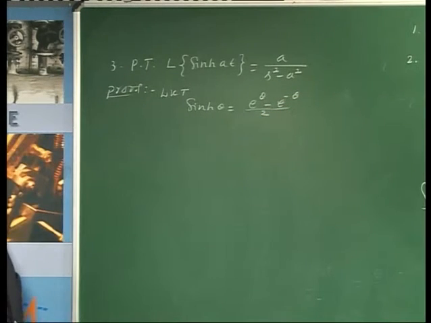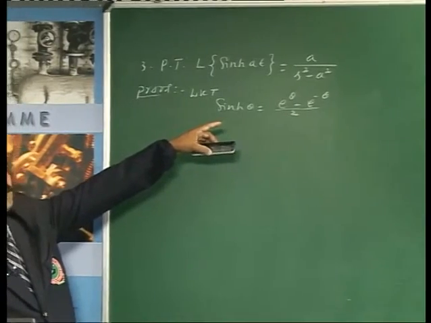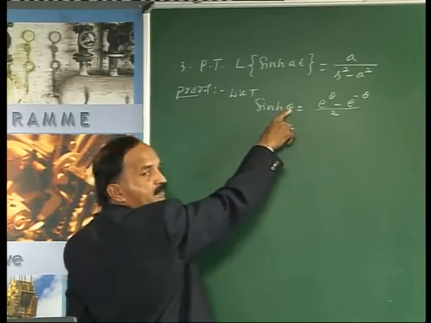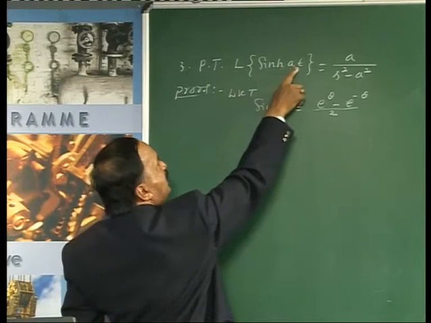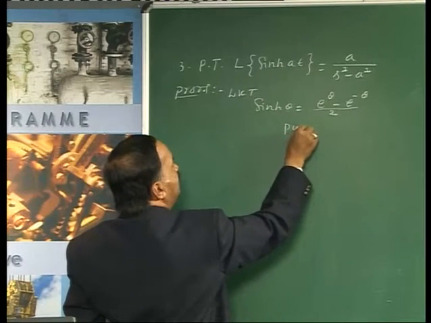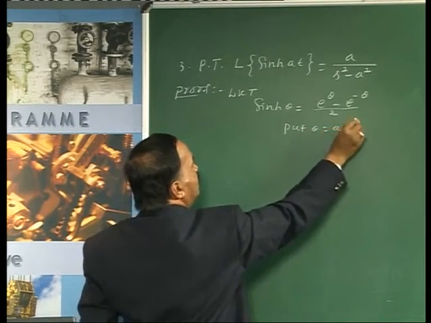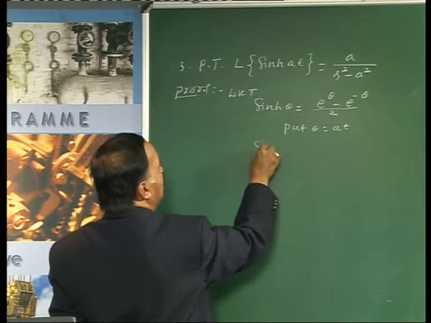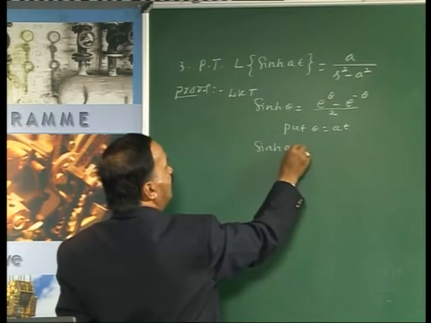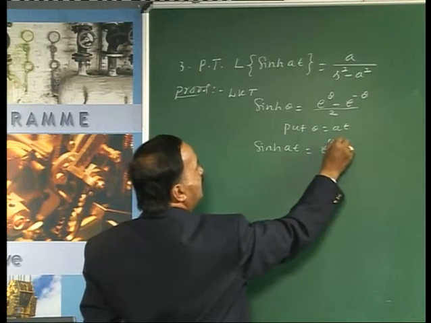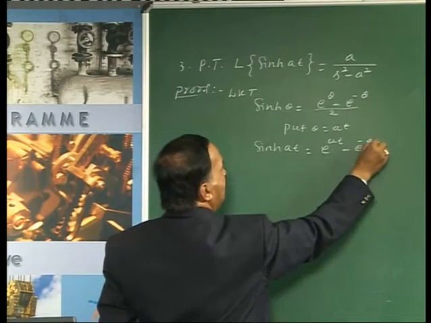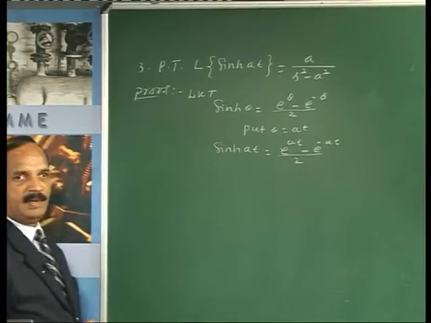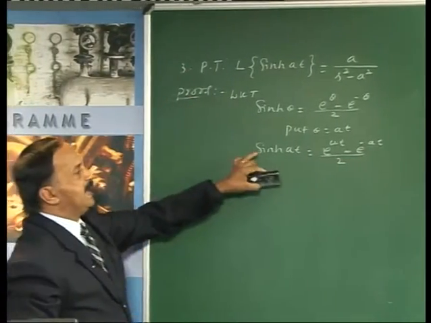By comparing, this is the sinh theta form, so put theta equal to at. Then sinh at is equal to e to the power of at minus e to the power of minus at, divided by 2. This is sinh at.